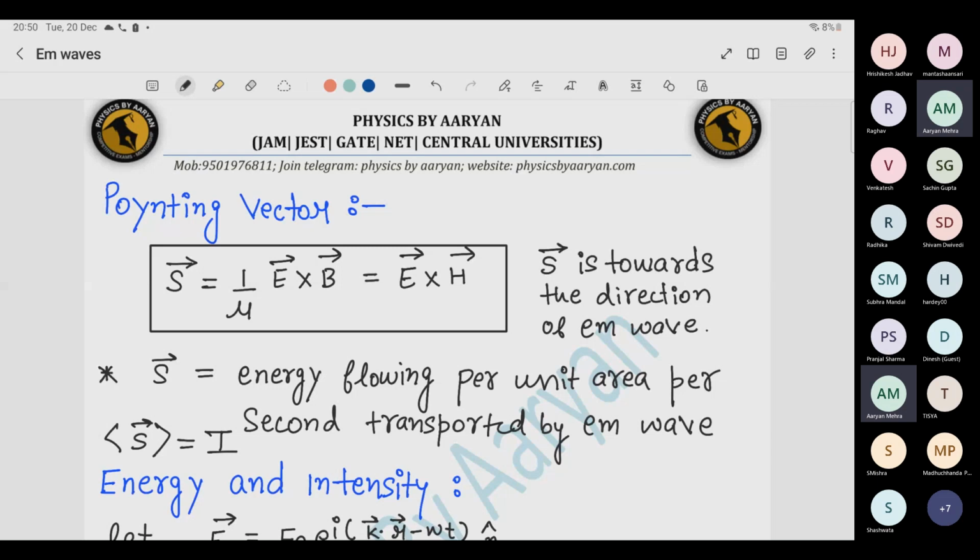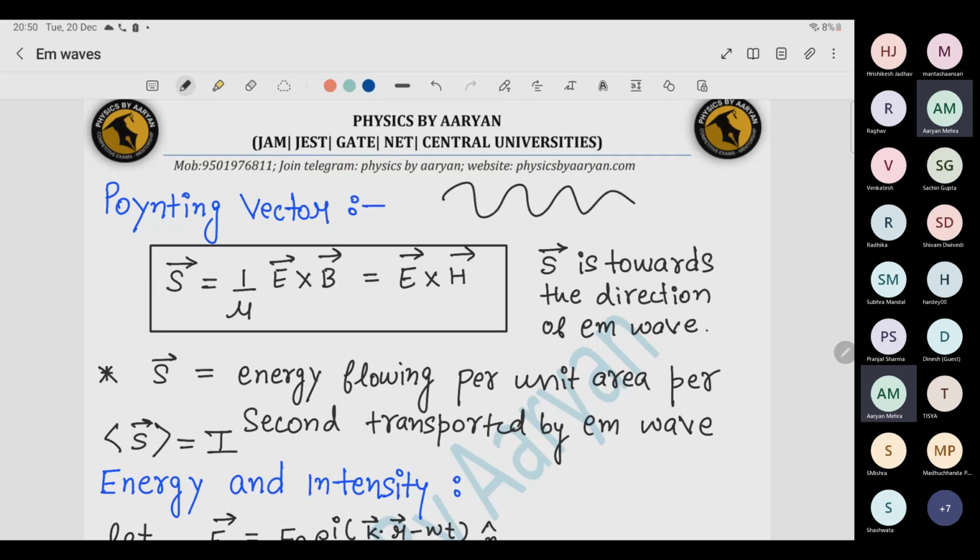You understand? Per second. And if you see per second, it means you're not talking about per cycle of the EM wave. You're talking about per second. Per second means you have already averaged it. You want to average it in order to see the time effect per second. So in 1 second, let's say 1,000 times the EM wave is oscillated, then you will look upon the average behavior.